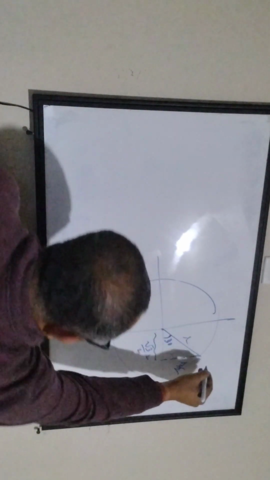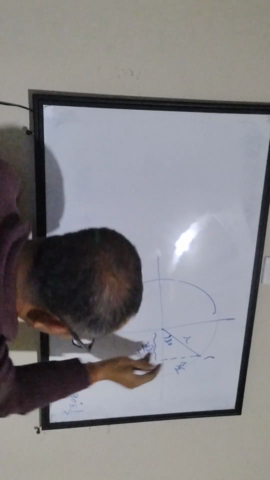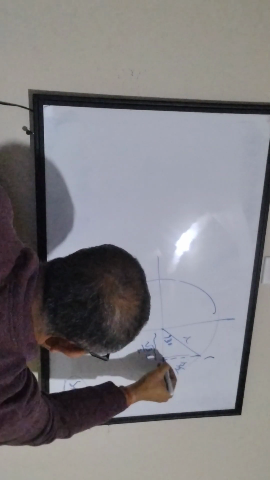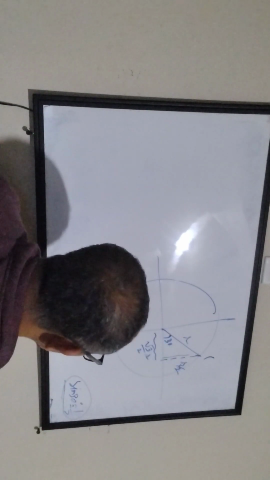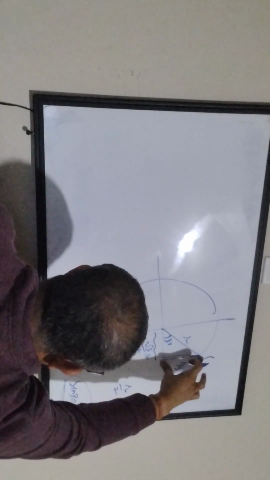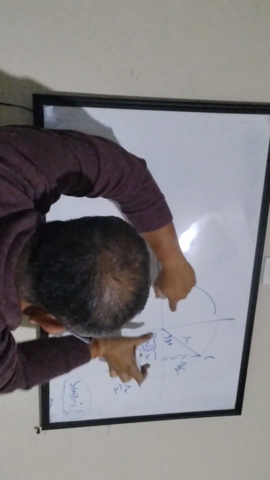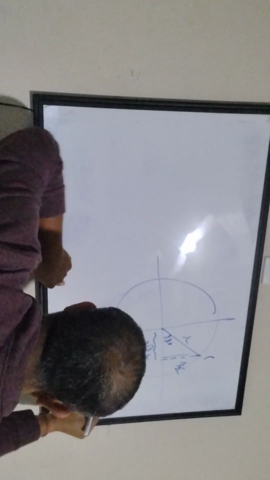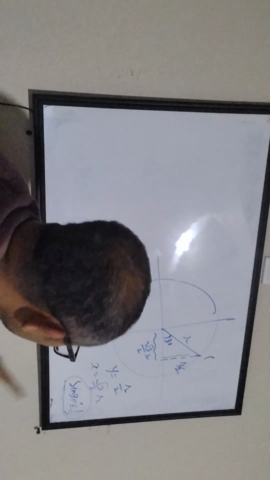Since we related that with the sin 30 degrees value, this length by radius will be 1 by 2. That means this length is radius by 2. This is my y coordinate, and this is my x coordinate, which is root 3 by 2, like what Ishwari said.